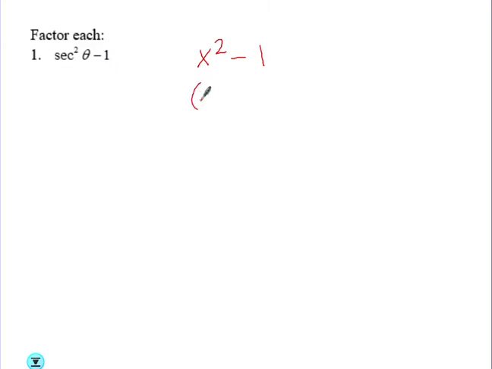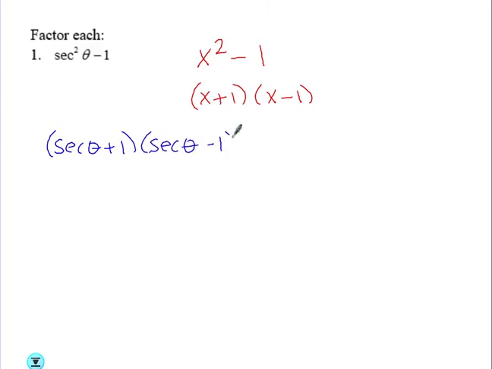You should remember that this factors to x plus 1 and x minus 1. Well, this is the same situation. We have a perfect square minus a perfect square. So secant squared theta minus 1 factors to be secant theta plus 1 and secant theta minus 1.